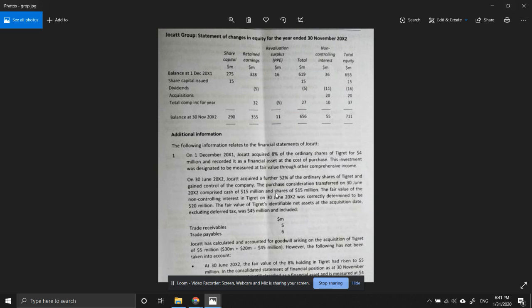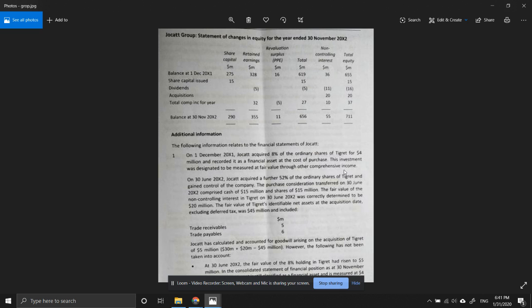So equity is always, what do we do with equity? If it is carried through OCI, it even says over here it's designated as fair value through OCI, so that will be an irrevocable choice. Okay, so once it has been classified as fair value through OCI, it cannot be changed back to fair value through profit or loss.